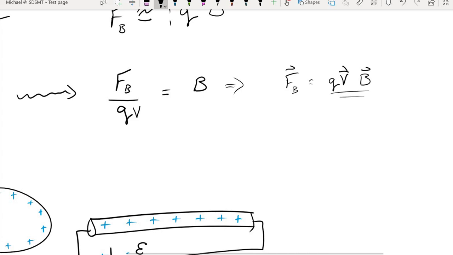And when it comes to vector multiplication, there are two possibilities. You can have the scalar dot product, or you can have the vector cross product.